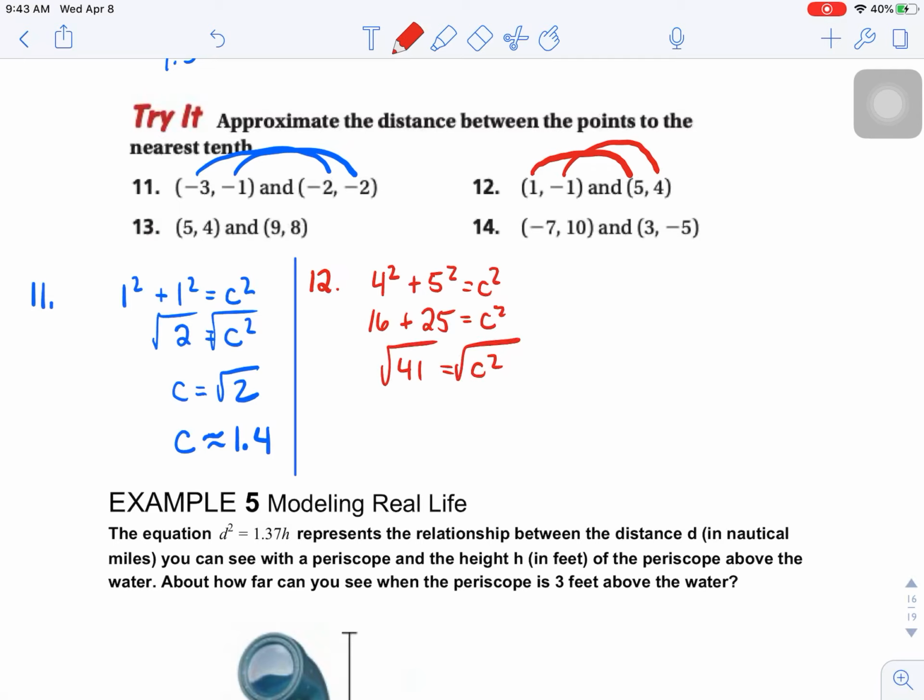So 41 is going to be between 36 and 49, so between 6 and 7, but a little bit closer to the 6. If I solved this one out, it ends up being about 6.4.